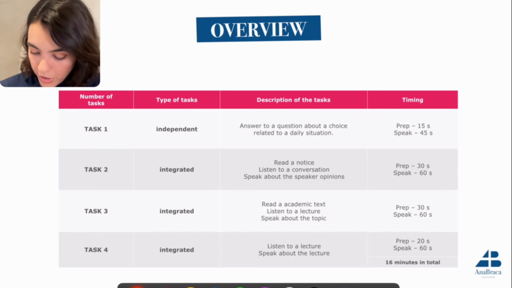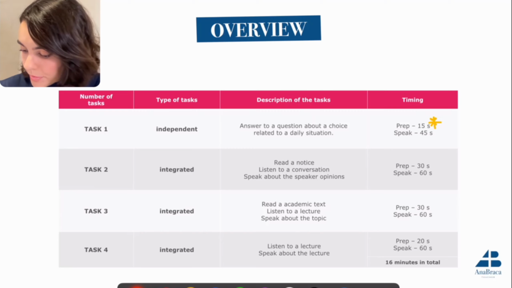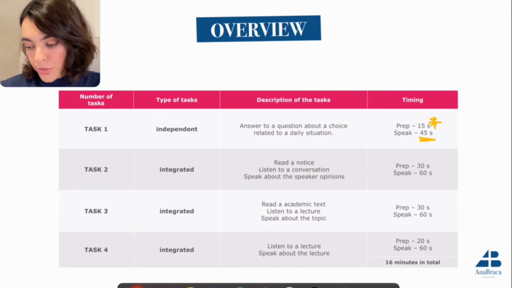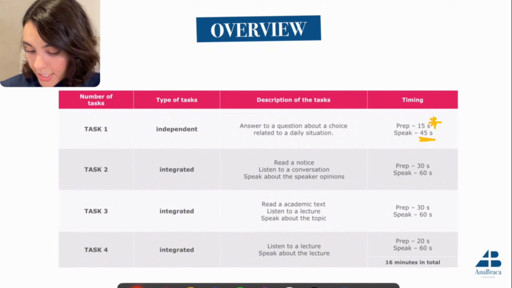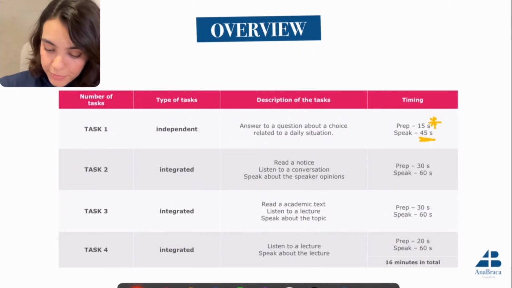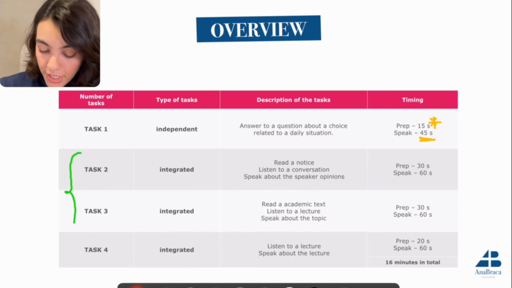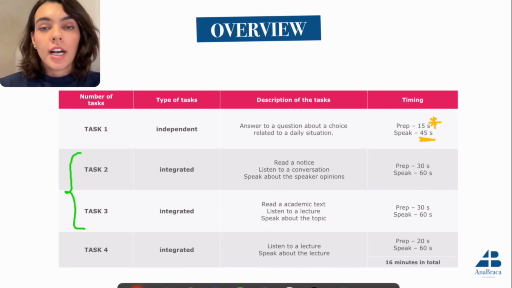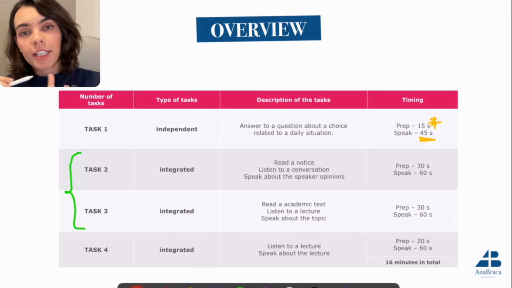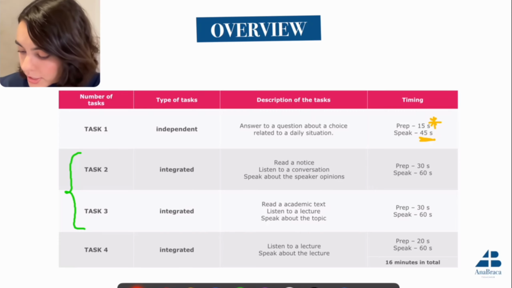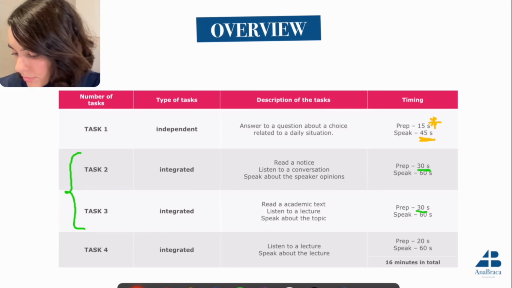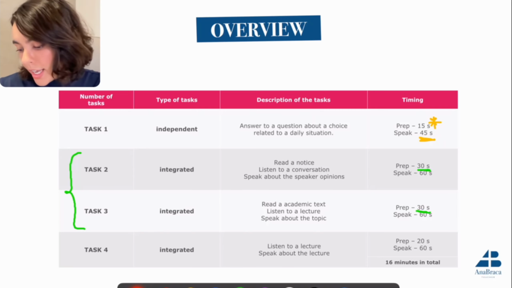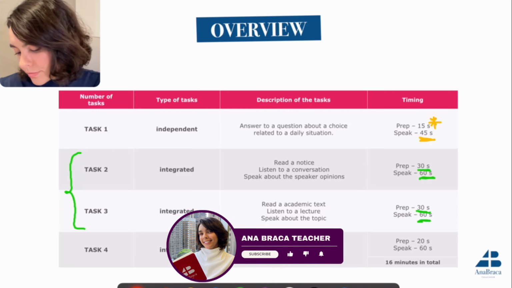So the independent part is the shortest one. And here you have 15 seconds to prepare and 45 seconds to speak. The integrated one's a bit longer, okay? In tasks 2 and 3, where you have to integrate two sources, a reading and a listening, you have a longer preparation time, 30 seconds each, and 1 minute to speak.